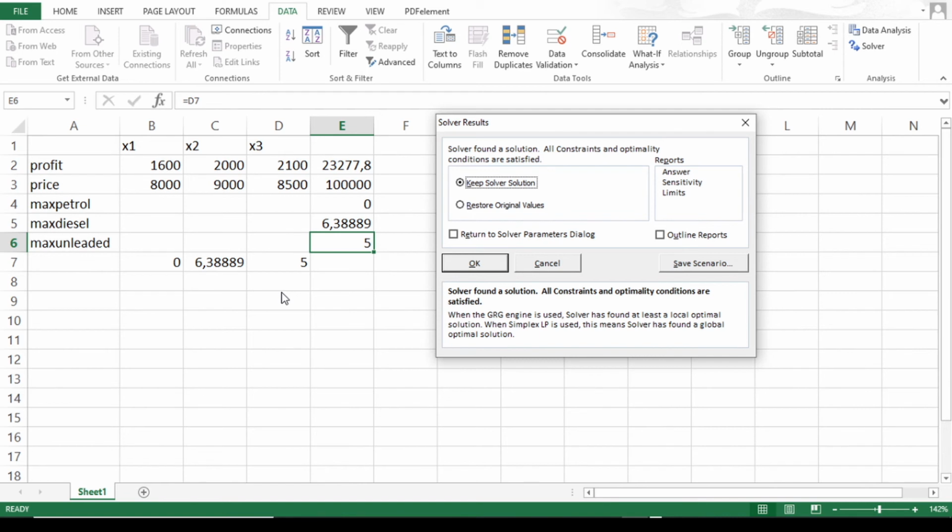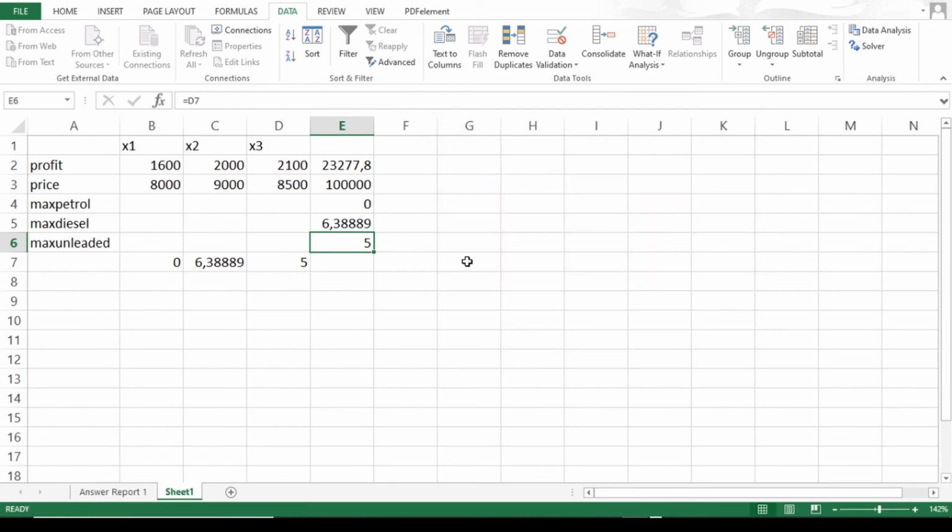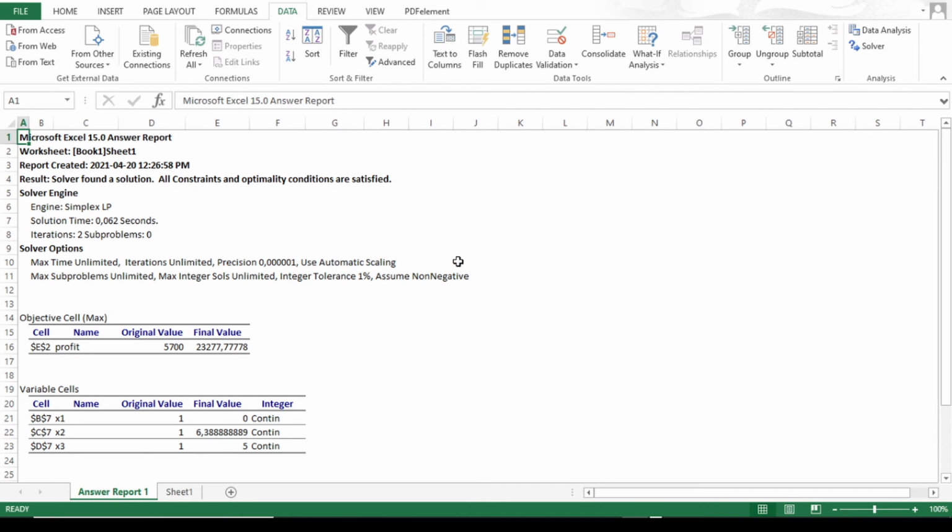But we can also click on reports, answer, and that will give us a more complete report on the results. So that's in a separate sheet. So if I click on answer report 1, you get this sheet with the results.